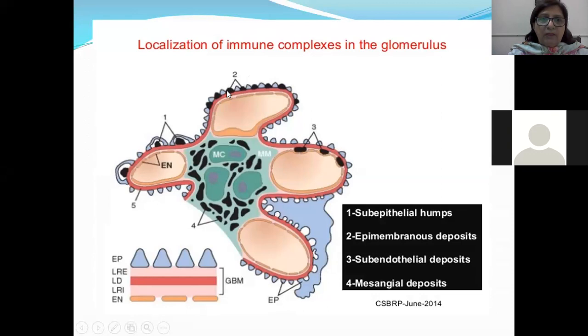Or they can be subendothelial, under the endothelial cells, or they can deposit in the mesangium. This is also written here: subepithelial deposit, epimembranous deposit, subendothelial deposit, and within the mesangium. This is the localization of immune complexes in the glomeruli. This diagram is also given in your notes.